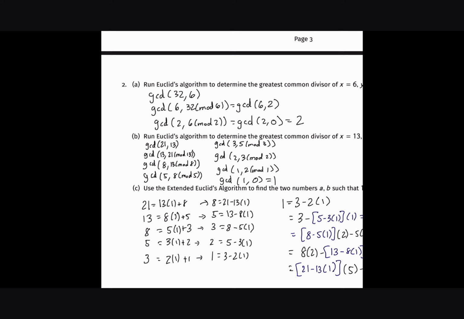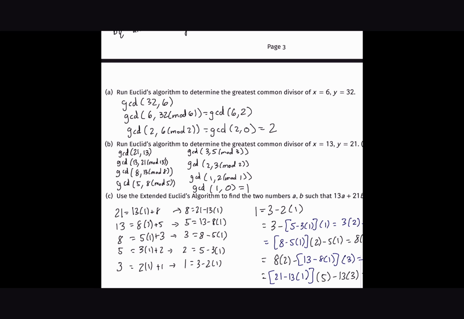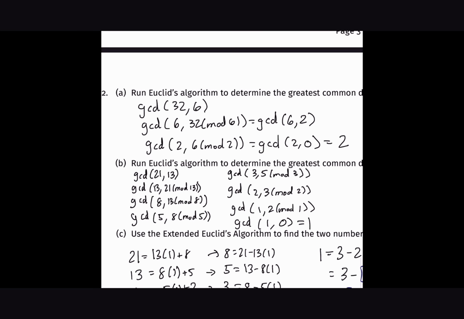Question 2 is asking, run Euclid's algorithm to determine the greatest common divisor of both 6 and 32. So running Euclid's algorithm, we usually denote the larger number first and the smaller number second. So when we write this, we could rewrite it as GCD of 6 and 32 mod 6 to get the remainder.